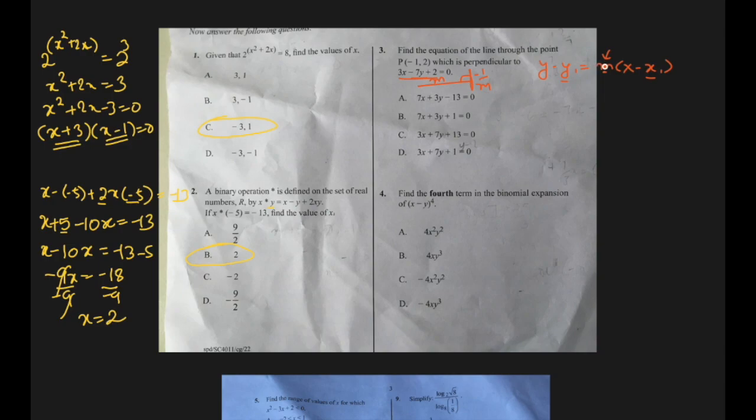So let me find m and let me change this m to minus 1 over m, because m I'm giving to this line which is known to us. So how can I find m? y equal to mx plus c is another format where m is clearly given. Let's convert this equation to that format. So it is minus 7y on one side.